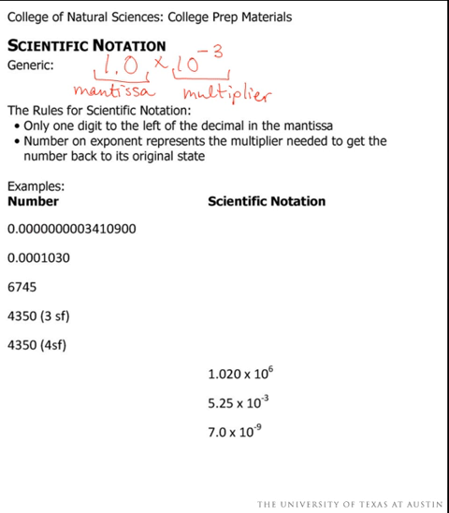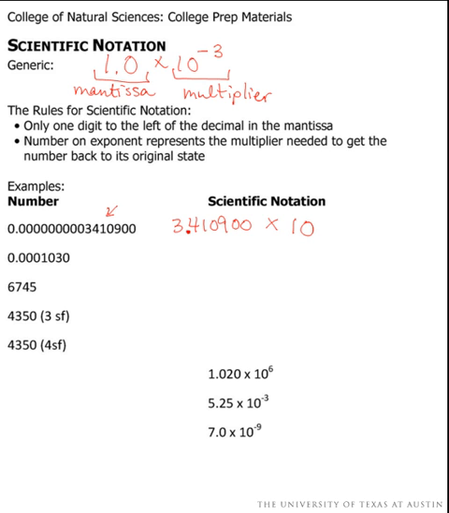All right, so let's look at a few examples and see what trends we can draw from this. For our first number, I'm going to write all the significant figures, and then only one number to the left of the decimal. So I put the decimal there.